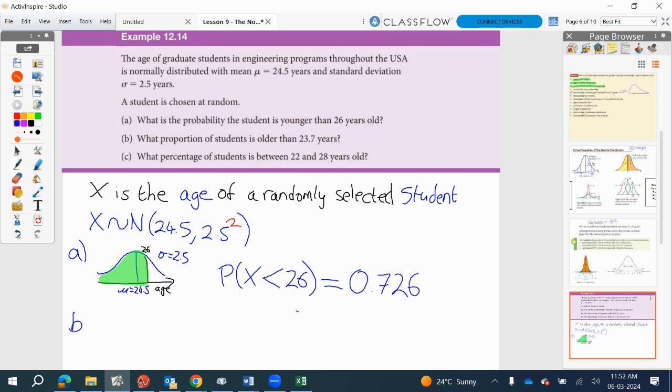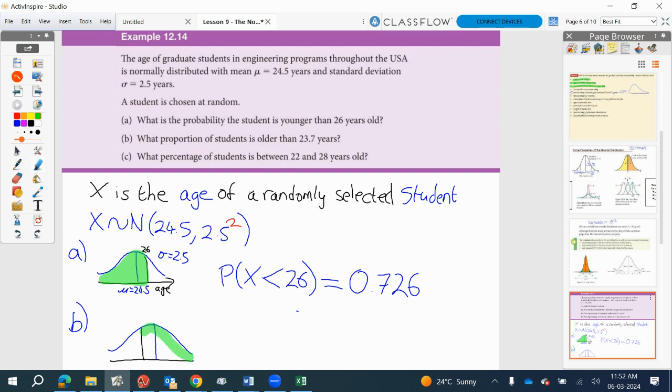So B. Let's do a little sketch for how B looks. We've got our mean here. We want 23.7. We're looking at this value here, and we want the tail that goes above it.